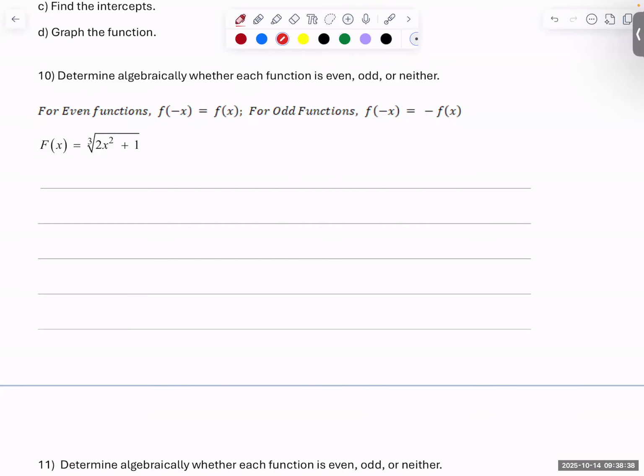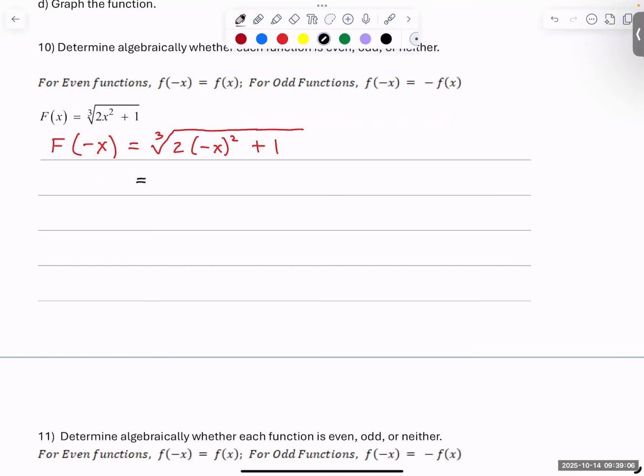So to see if function capital F is even, we're going to evaluate f of negative x and replace every x by negative x: cube root of 2 times negative x squared plus 1. And simplify this. This is the cube root of negative x squared, which is the same as x squared, plus 1.